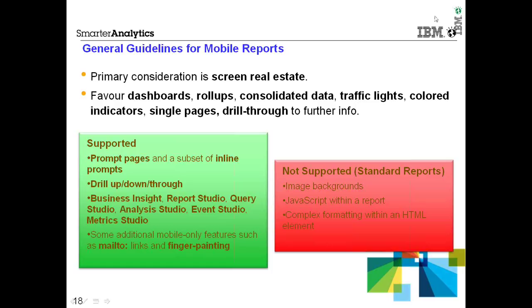Now let us look at some of the supported features for mobile reports. Prompt pages and a subset of inline prompts are available for you. As I have been saying, you can do drill up, drill down, drill through. Business Insight, Report Studio, Query Studio, Analysis Studio and Event Studio are available to you. In addition to all of this, you can use features like mail to and fingerprinting.